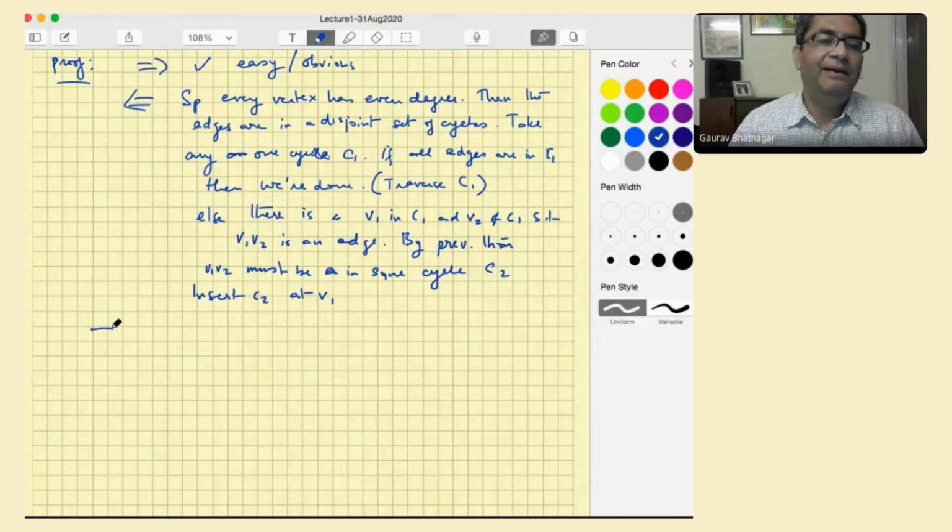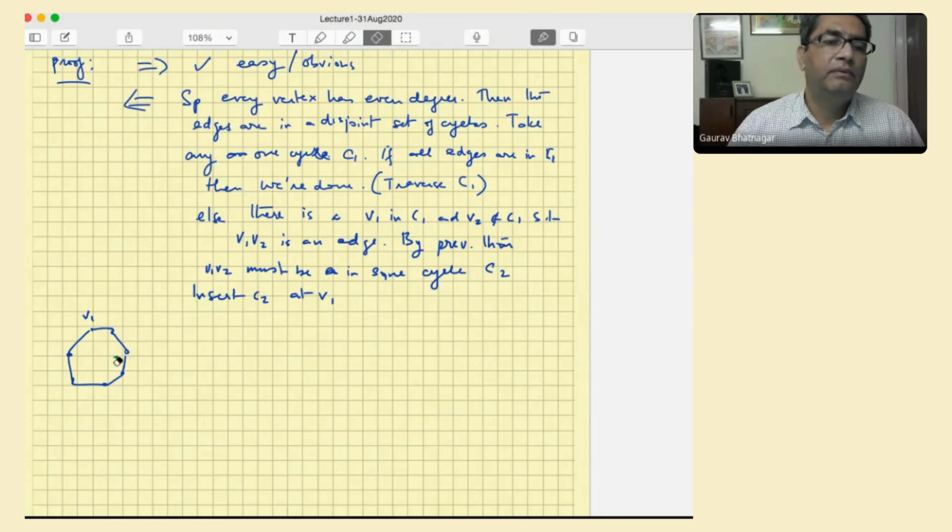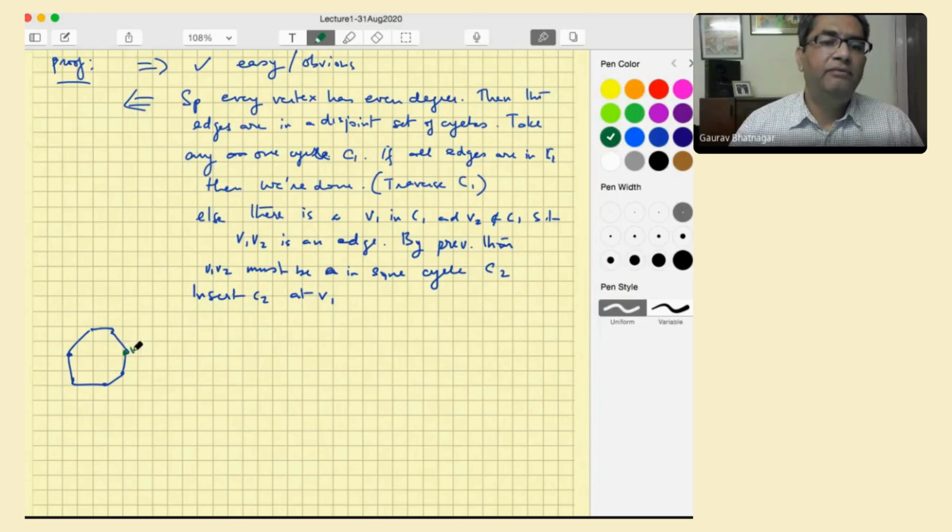What am I doing? I have a V1, then I have some cycle here. This was my original cycle. Take any one cycle, and let this point be V1.